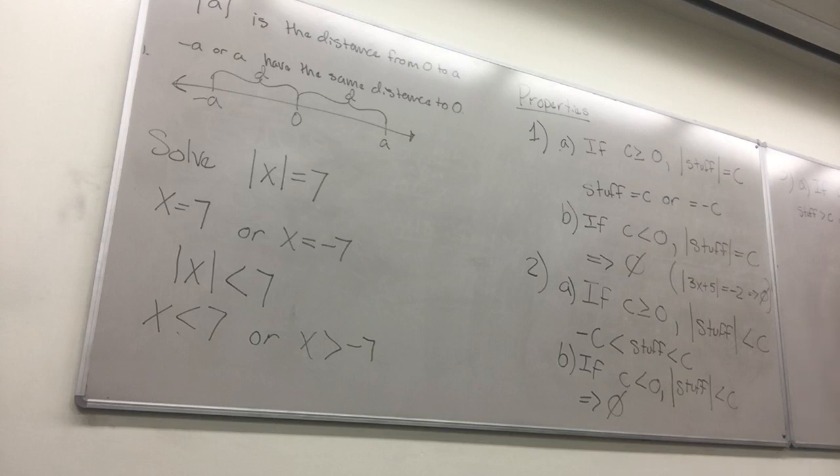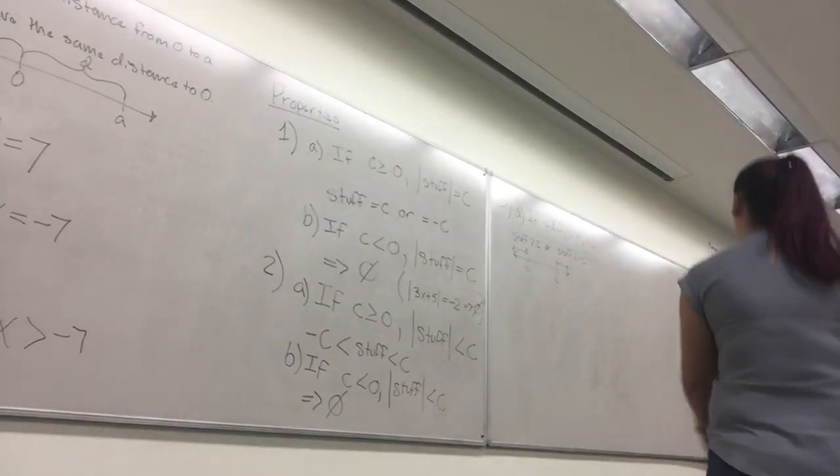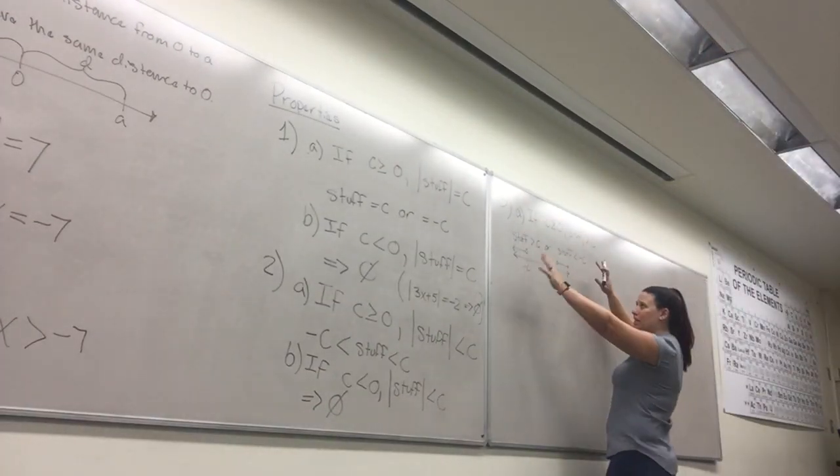So if we think about this on a number line, we'll see why we can't put these together. We have negative C and C. Our stuff is bigger than, and our stuff is less than. Okay, so we see that these are in two pieces.